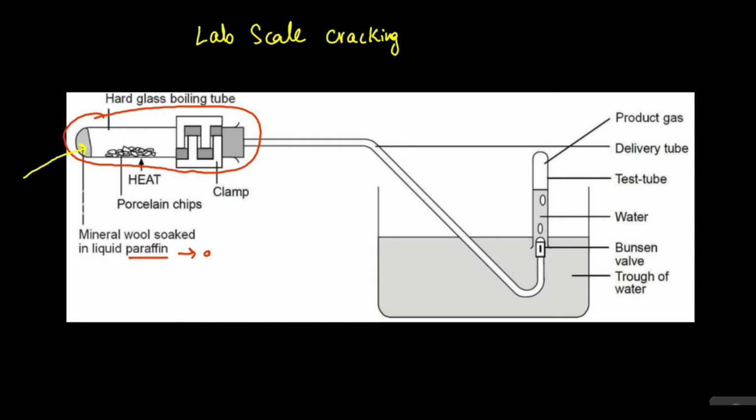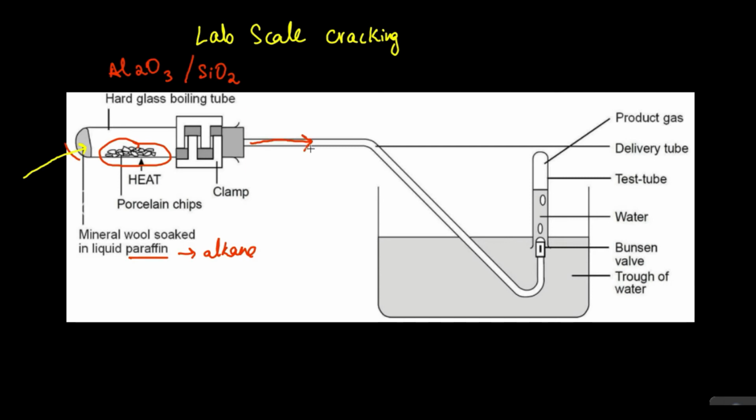So it is an alkane that is soaked into the wool, and that is heated to get cracked. These porcelain chips are soaked in aluminium oxide or silicon dioxide. Basically, these two catalysts are added to the porcelain chips, and when the paraffin is heated across this, it will be cracked.